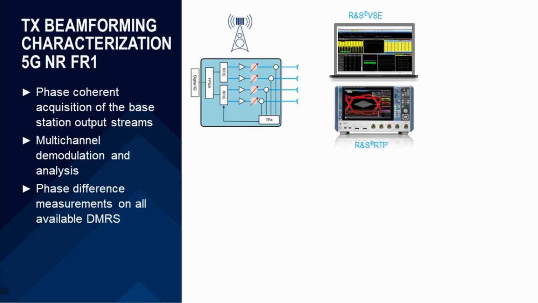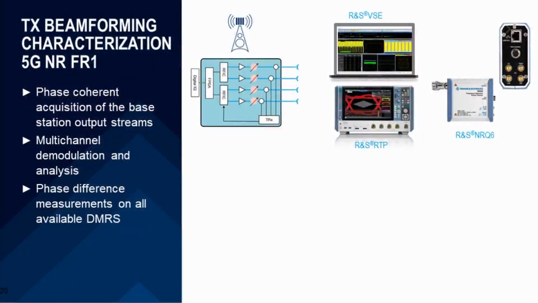As you can see, the base station's 4 output streams are directly connected to the 4 channels of the oscilloscope. And the oscilloscope by default is phase coherent, so phase coherence is provided by design. This signal is digitally down converted to IQ signals and provided to the VSE software, which is on an external PC. And this software does the measurement and analysis using the IQ data.